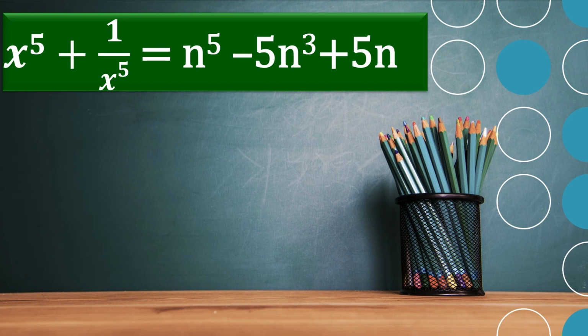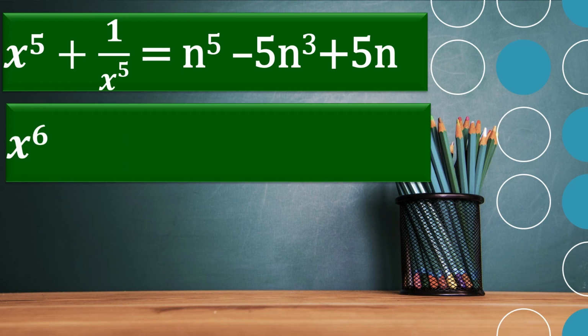What this simply means is that if we have an algebraic expression, for instance, x plus 1 over x, and that of course is what we call n, we can simply obtain the value of x raised to the power 5 plus 1 over x raised to the power 5 by simply substituting the value of n into this particular expression.